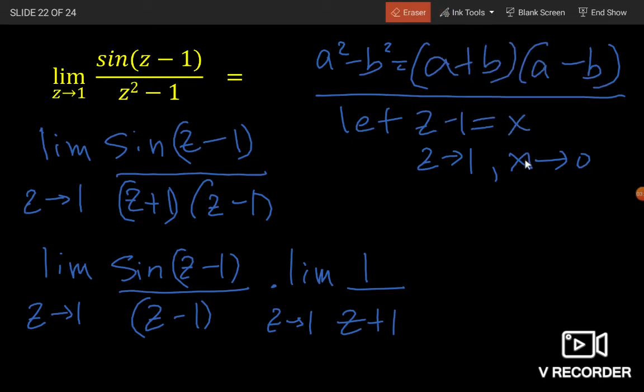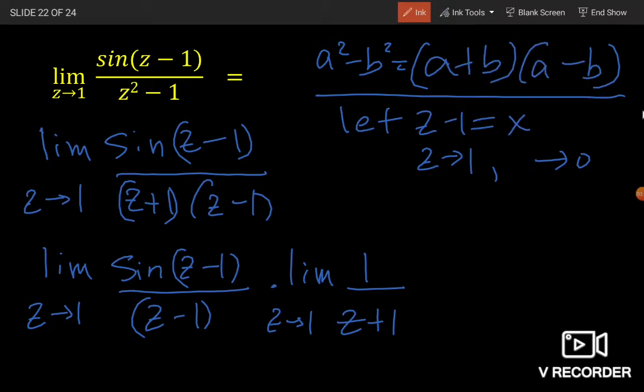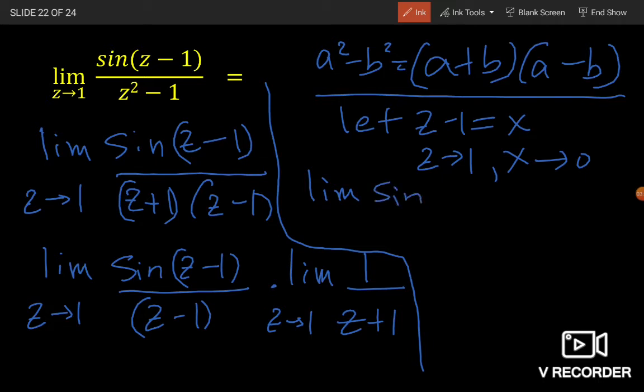Let me just clean this up a bit. So as z approaches 1, x approaches 0. Now let us rewrite our equation: the limit of sine (z minus 1) now becomes sine x, all over, again, the z minus 1 becomes x.